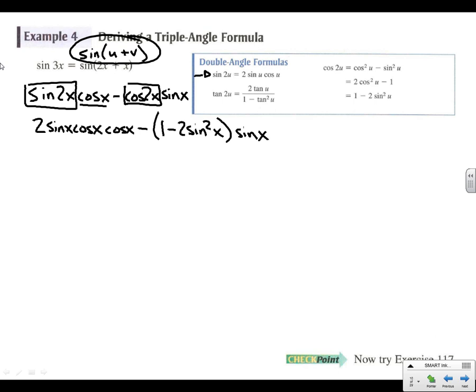Okay. All right, so now we've got 2 sine x cosine squared x minus sine x plus 2 sine cubed x.